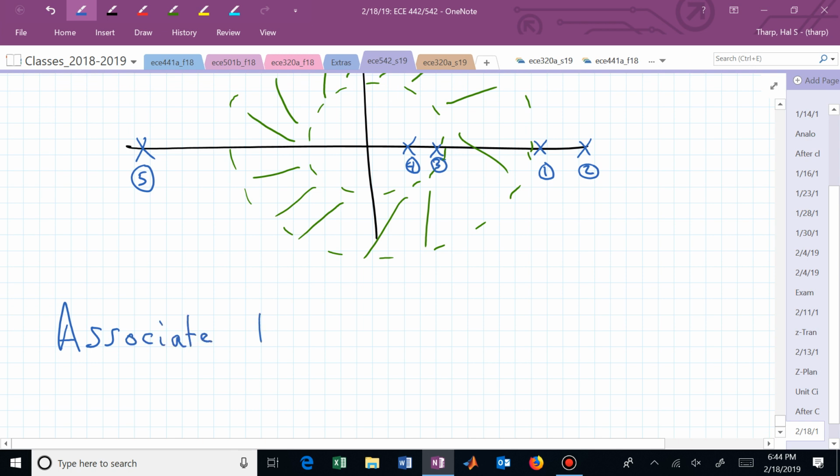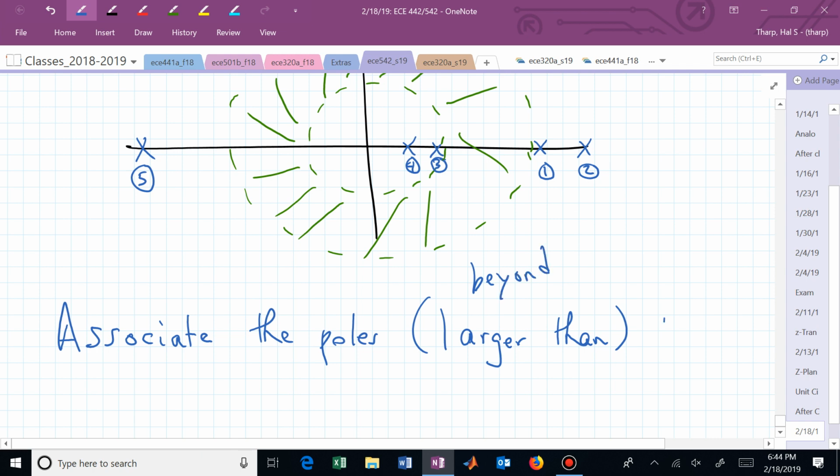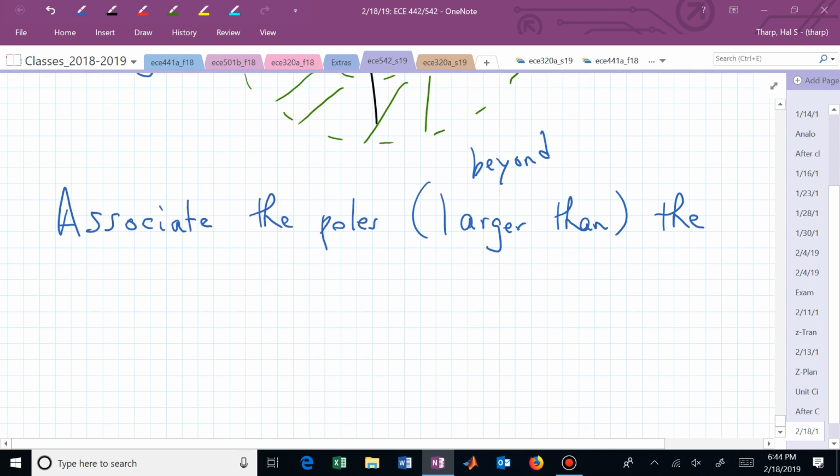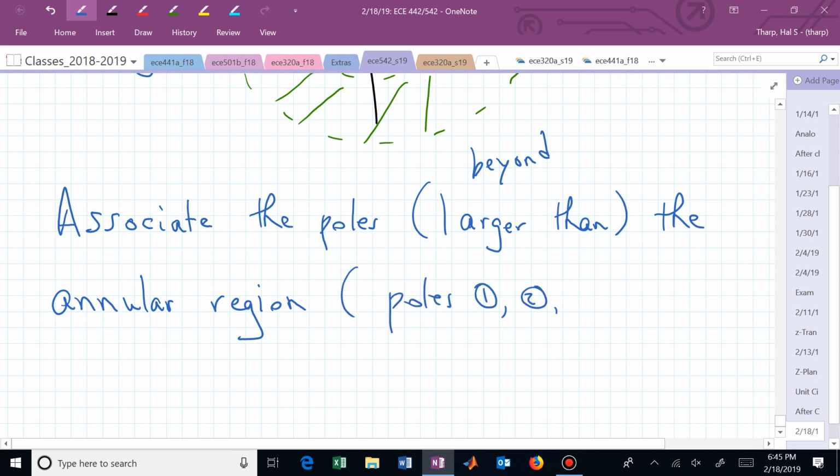If I associate the poles larger than or beyond the annular region, those are poles 1, 2, and 5.